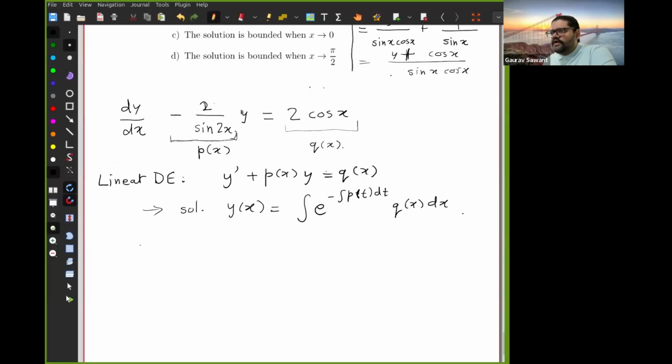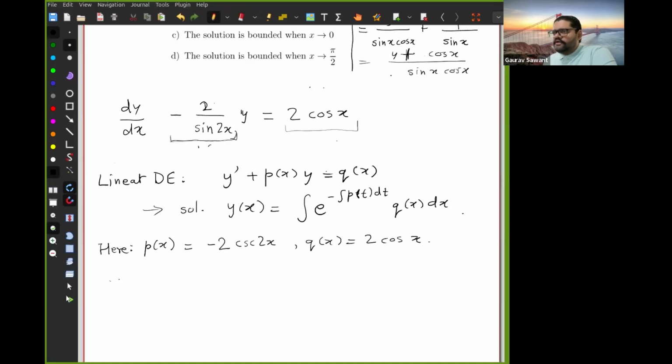Here, this is actually minus p(x). So let me just take this out. So here, p(x) is equal to minus 2 cosec 2x and q(x) is equal to 2 cosec.